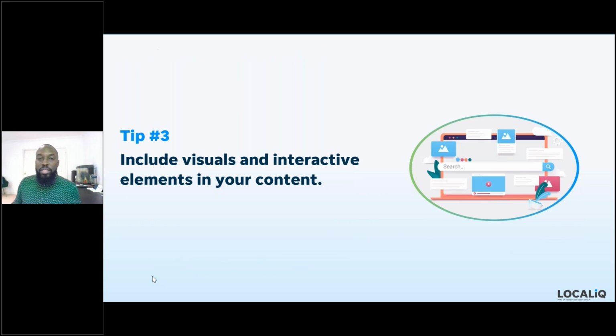All right, now the next tip and strategy to create content that helps SEO and converts leads is to make sure you're also including visuals and interactive elements in your content. So that's tip number 3.